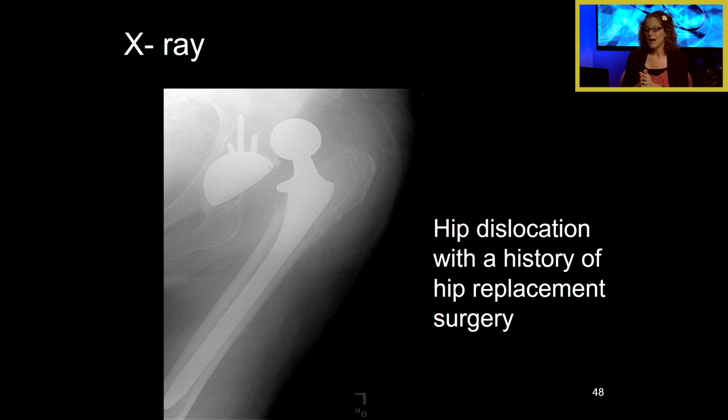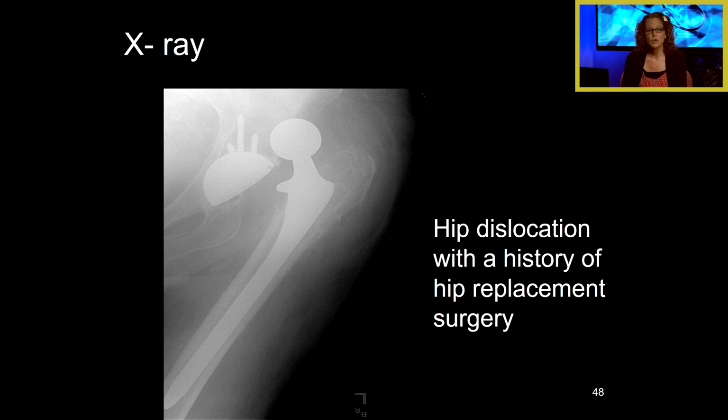So if you have had your hip replaced and somehow you move it in a wrong way, or maybe you fall down, it can be dislocated. And you can see here in the x-ray the prosthetic head of the femur. Prosthetic means that they have used some kind of artificial new femur that's made out of artificial material to take the place of the femur.